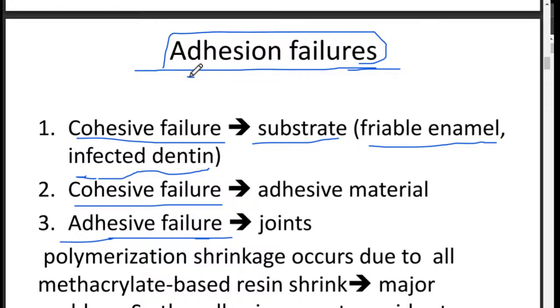This is about adhesion, not adhesive. Adhesion could make cohesive failure. Substrate, friable enamel, infected dentin is a cohesive failure. Next is the adhesive failure.